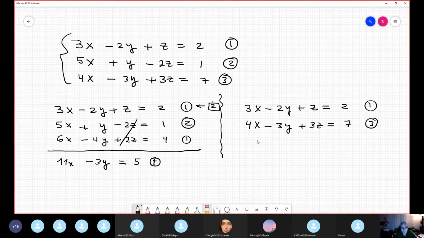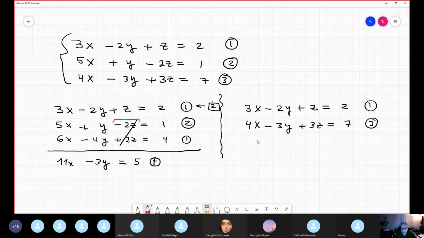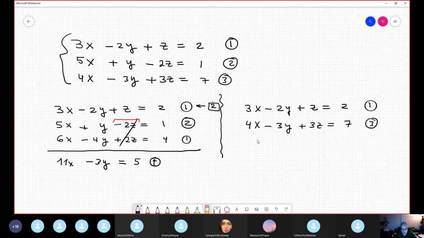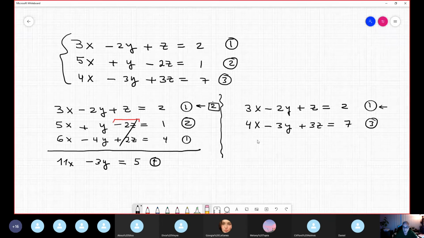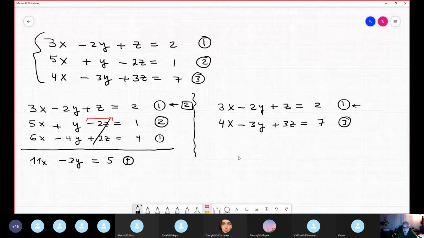I pair them. But I know I need to eliminate z because in the first couple I eliminated z. In the second couple you need to do something in order to eliminate the same variable. This is the key idea. Well, this is equation 1 and this is equation 3, but positive both, because you multiply this equation maybe by -3.